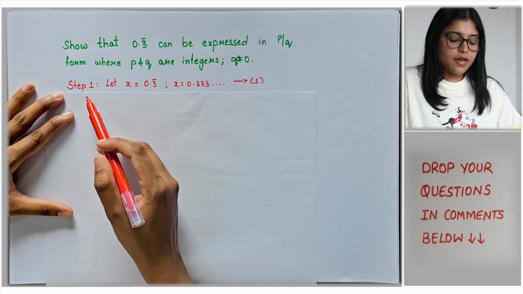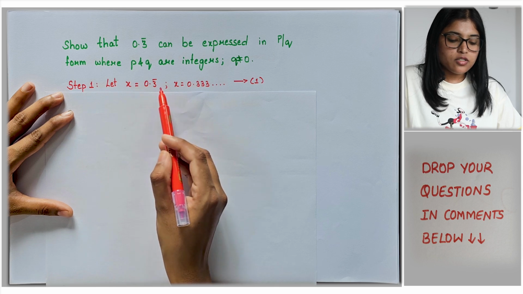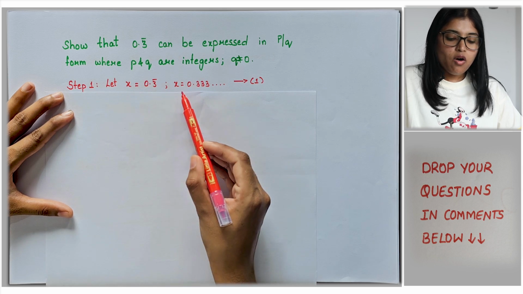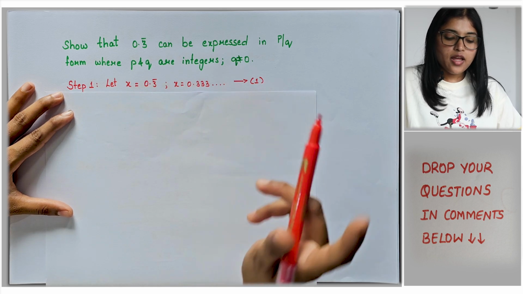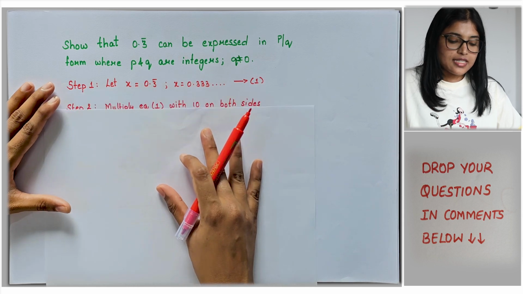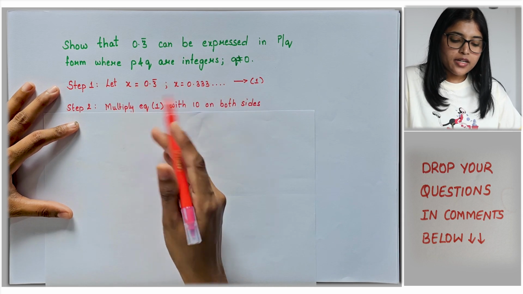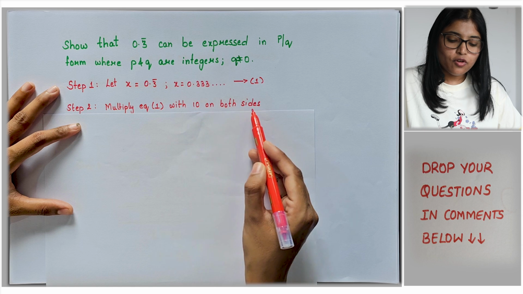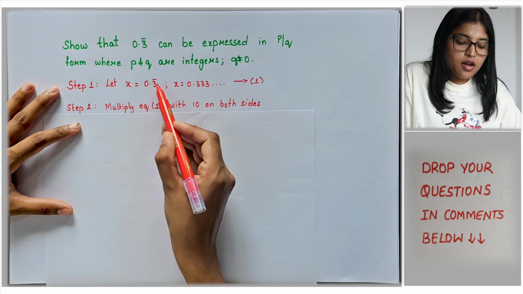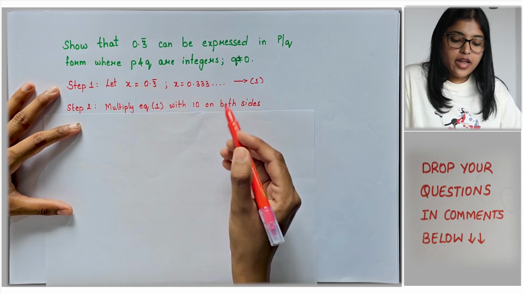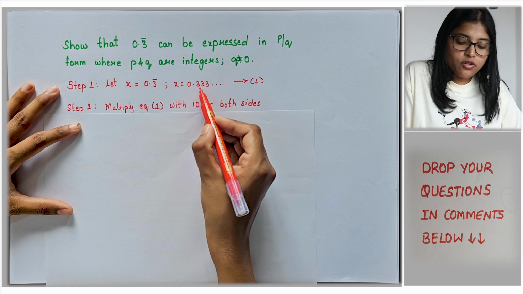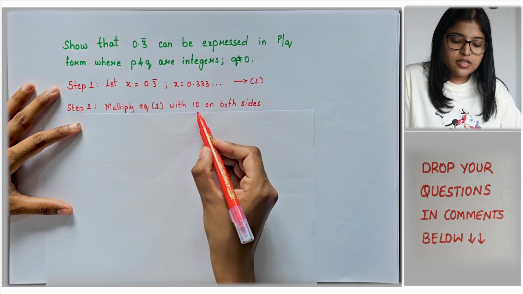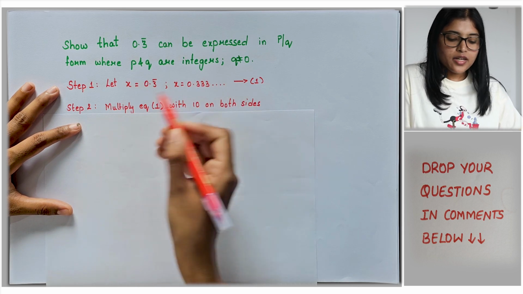Now the first step is to let x equals 0.3 bar or 0.333 and so on as equation 1. The second step is we multiply equation 1 with 10 on both sides. So we see the number of decimals that are recurring and we take that many zeros. Because we have only one decimal that's recurring, we are multiplying with 10 on both sides.